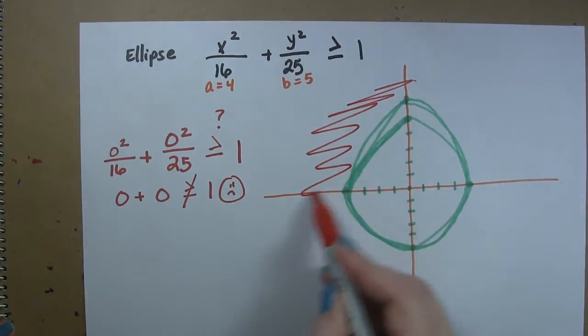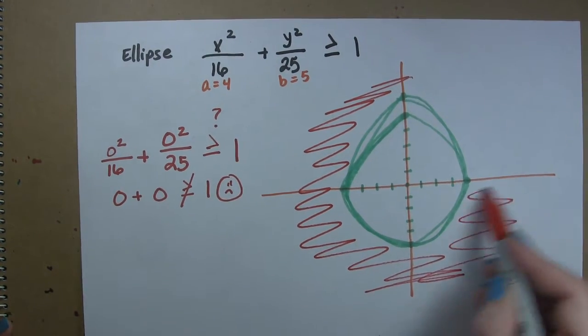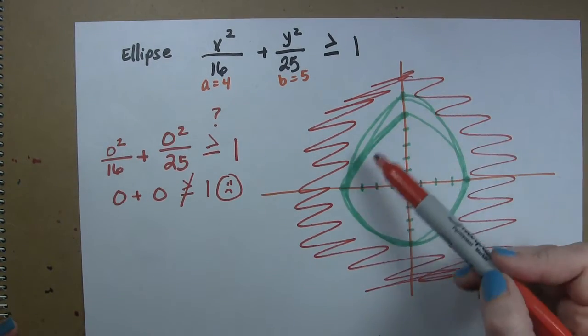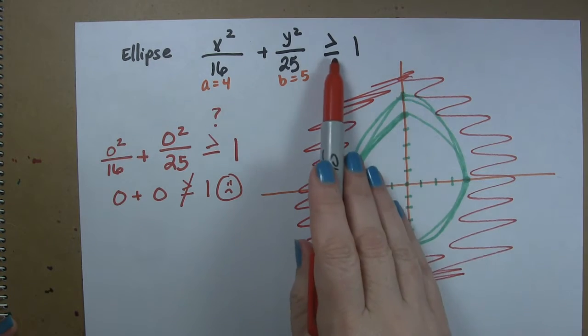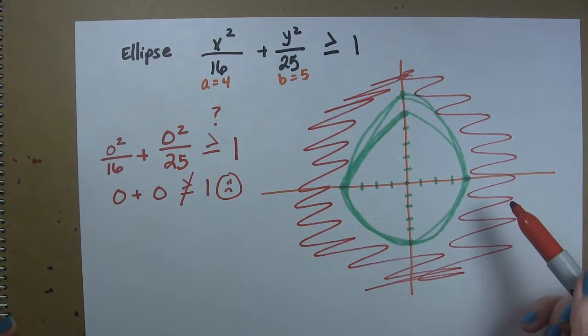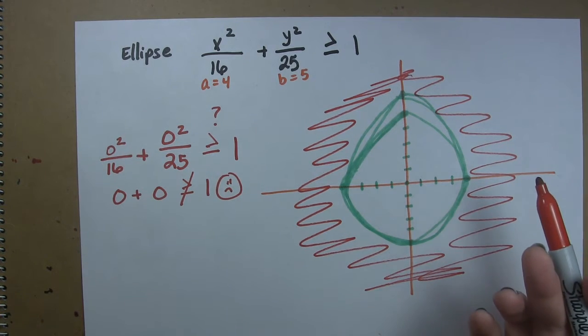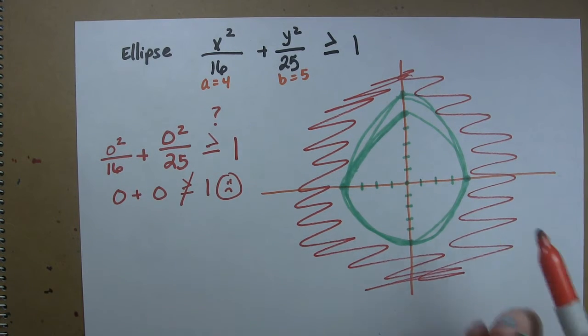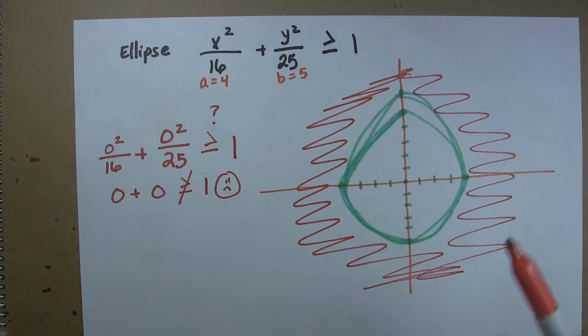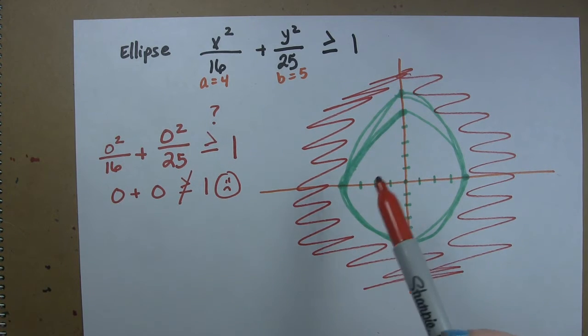It would be all the points outside of the ellipse, including the actual ellipse, because we have that equal to point. Okay, so that is how you do that. You could do the same thing with a hyperbola. You first draw the hyperbola, and then you pick a point and you test it out.